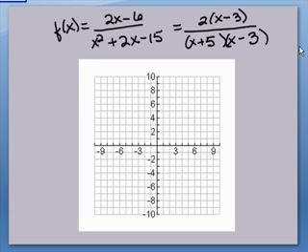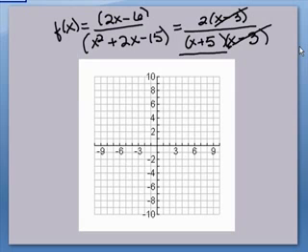Okay, so you would still put this whole thing in your calculator. To put it in the calculator, make sure to put parentheses around the numerator, divided by, and then parentheses around the denominator. But what happens when you go to graph it is that the x minus 3 cancels out, and instead of getting an asymptote at 3, we're going to get a hole in the graph. So we get one vertical asymptote from the x plus 5.